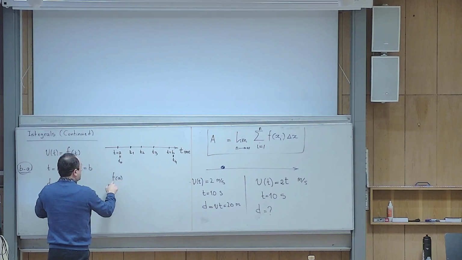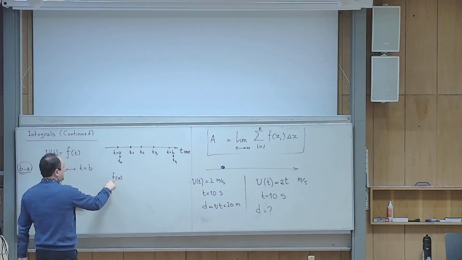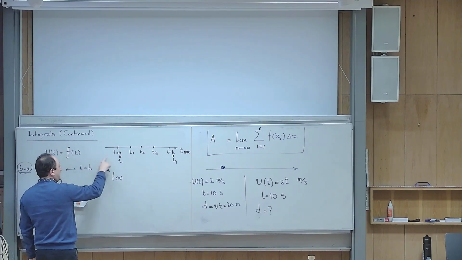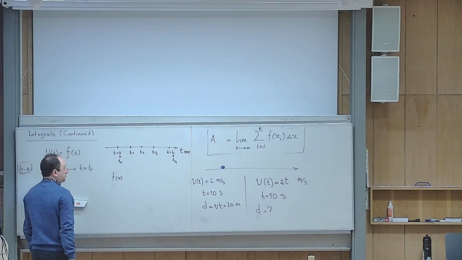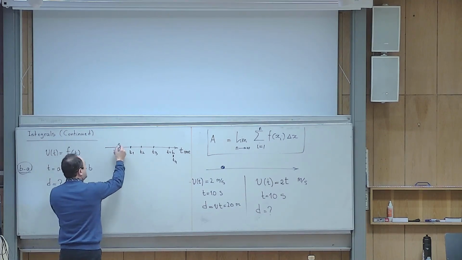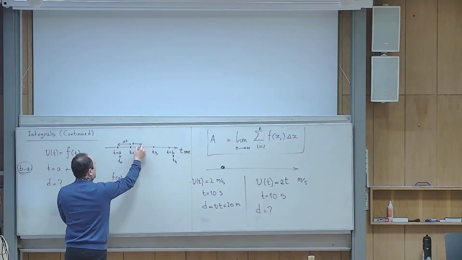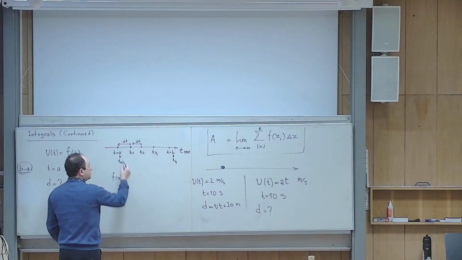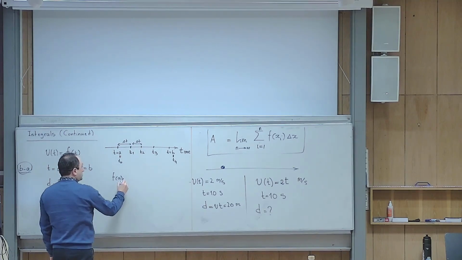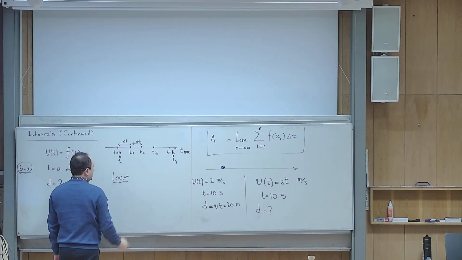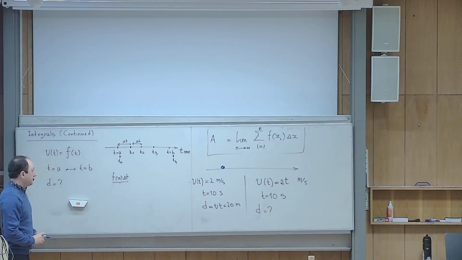So if someone asks you what is f of a, you will tell me that f of a is the speed of the particle at this instant of time. And then this, I call it delta t, the increment in time. And I'm assuming that all of them are the same. So I ask you, what do you think? What is a good interpretation of this quantity?